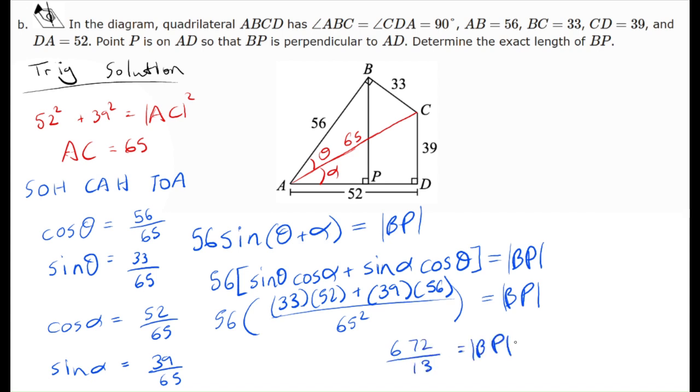If it's AMC and you don't have a calculator by your side, then you can do some canceling. 65 squared is actually just 5 squared times 13 squared, right? We prime factor it. There's a 13 here, so that becomes a 3. Let's do a different color. This becomes a 3.